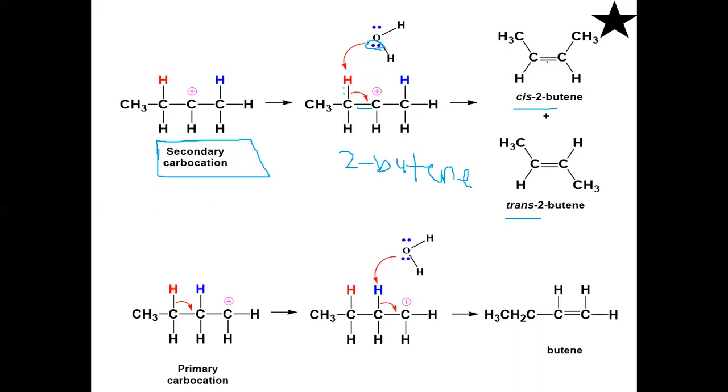So kat sini dia akan membentuk dua-dua cis trans. Tapi trans will be the most stable one. So you will have 2-butene as your major product kat sini. Major product for a secondary carbocation product.